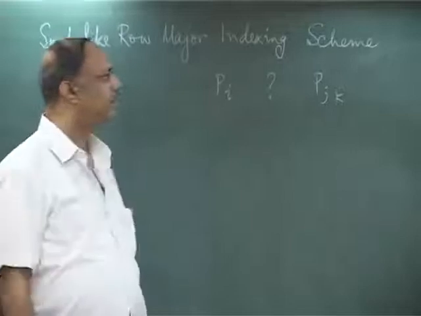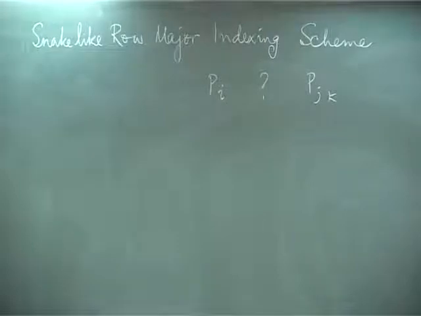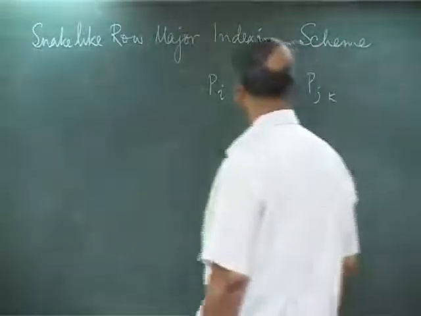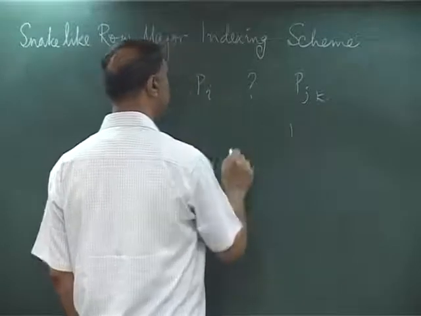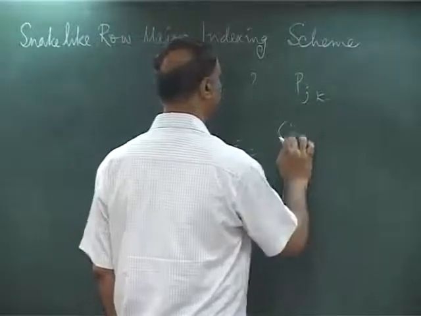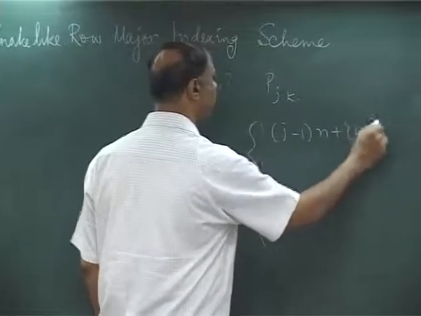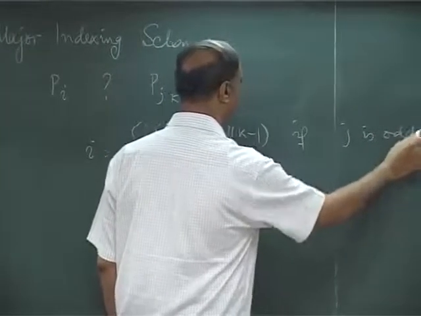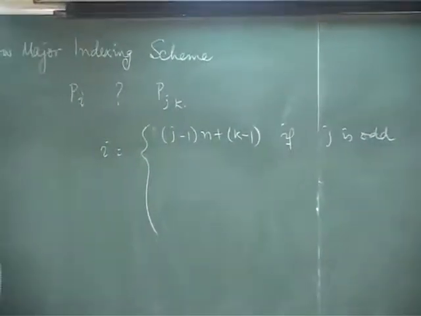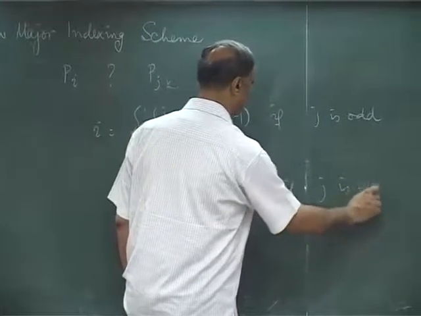Now you observe that when the row number is odd, it is as earlier, that is i is equals to j minus 1 times n plus k minus 1 if j is odd. Agreed? Now if j is even, then what?